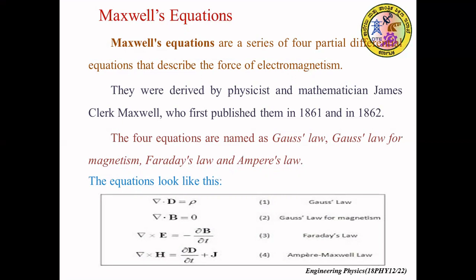So the 4 equations are Gauss law for electrostatics, Gauss law for magnetism, Faraday's law, and Ampere's law, also called the Ampere-Maxwell law because it was modified later by Maxwell. So these are the 4 Maxwell's equations. Let us try to discuss them one by one in our further interactions.